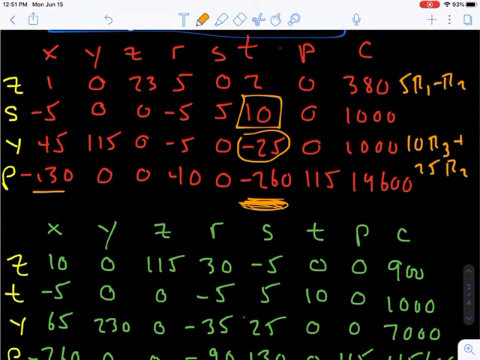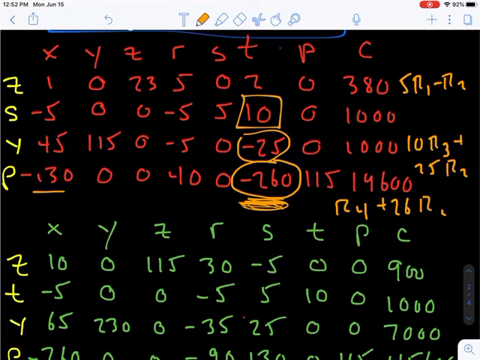And then to get rid of this negative 260, well, I think the easiest way to do that is going to be row 4 plus 26 row 2. Not 260, I'm sorry, 26 row 2. 26 times 10 would be 260.